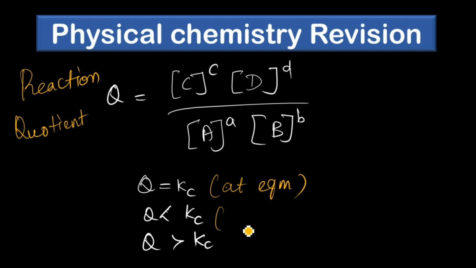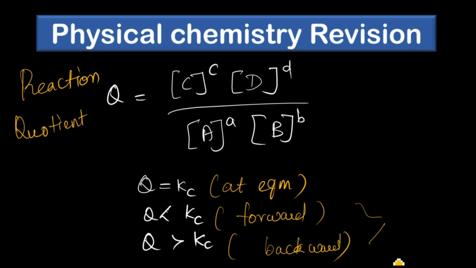If Q value is less than Kc, then the reaction proceeds in the forward direction. If Q value, the reaction quotient, is greater than Kc, then it proceeds in the backward direction. So this part also can be asked as a question.